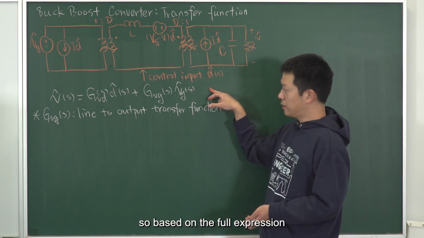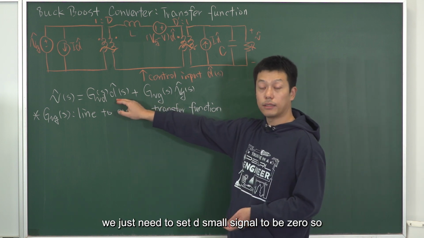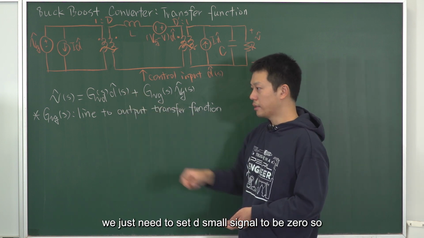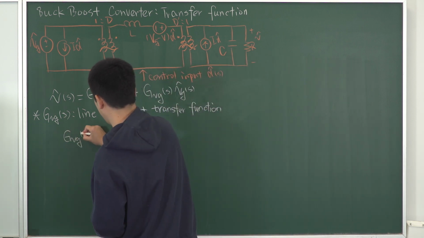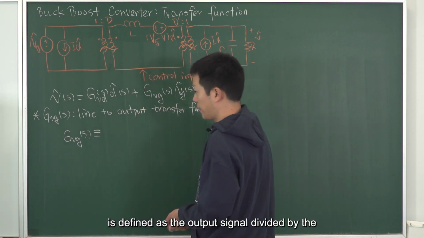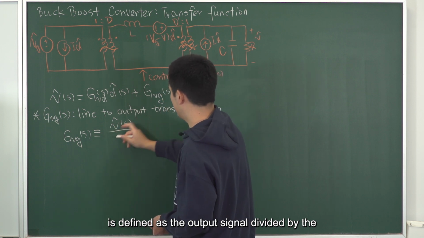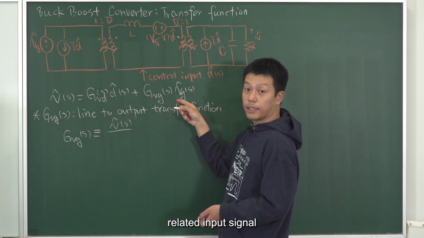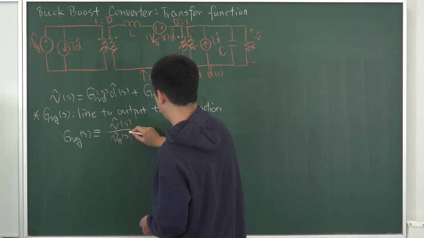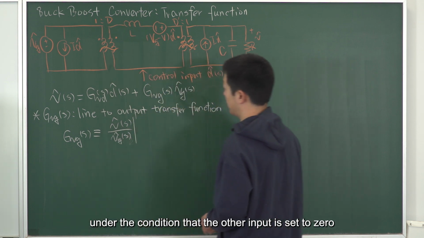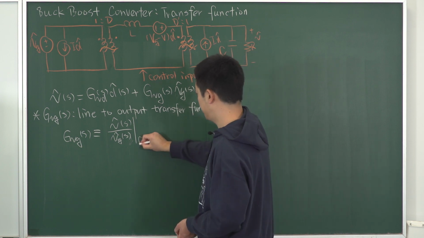Based on the full expression, in order to calculate G_vg, we just need to set small signal d to 0. So we can obtain the definition for G_vg. It is defined as the output signal divided by the related input signal, under the condition that the other input is set to 0.